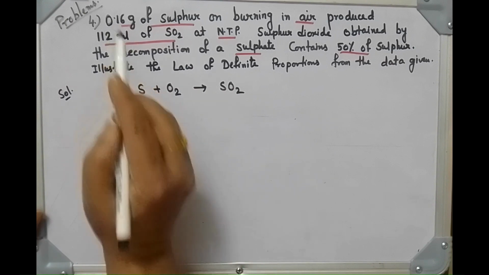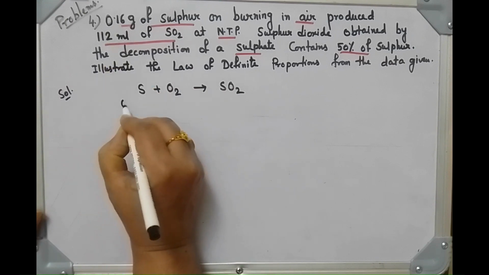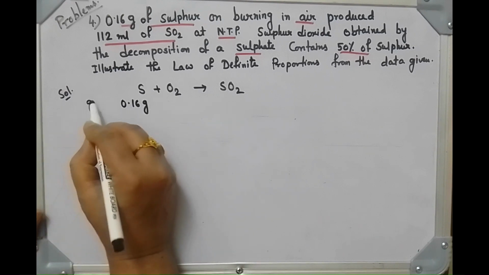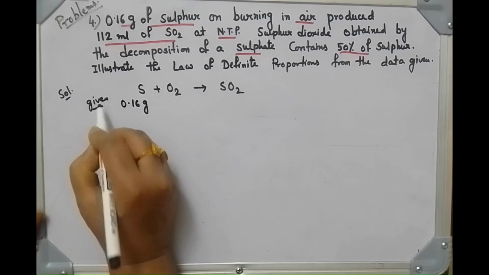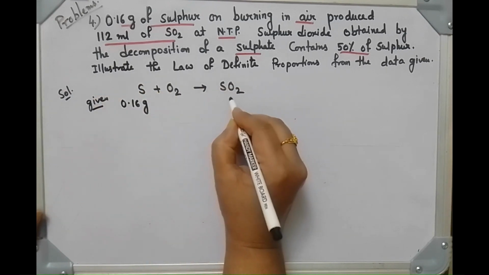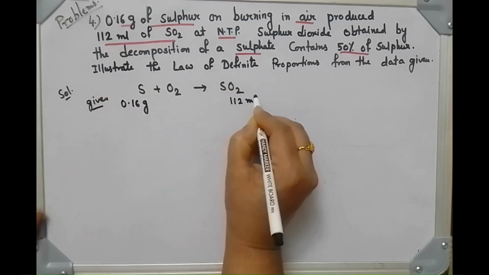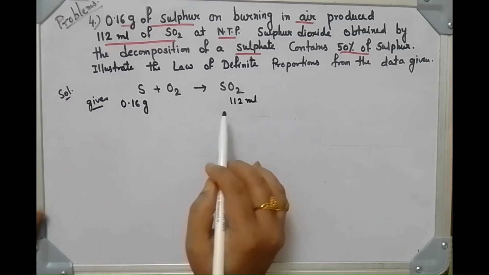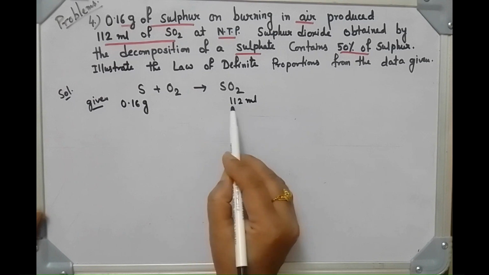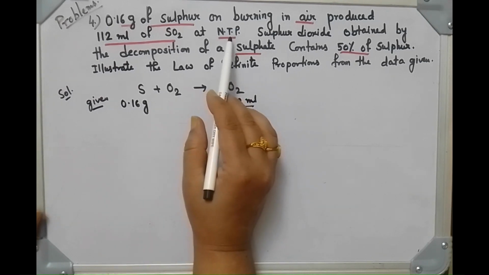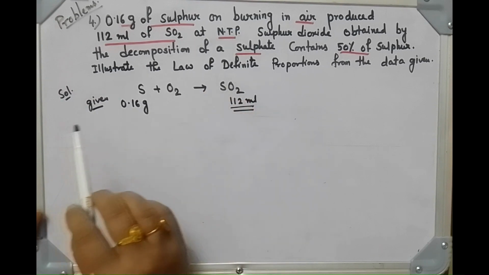So it is given that 0.16 grams of sulfur is producing 112 ml of sulfur dioxide. Weight is not given here for sulfur dioxide, volume is given at NTP. NTP means normal temperature and pressure.